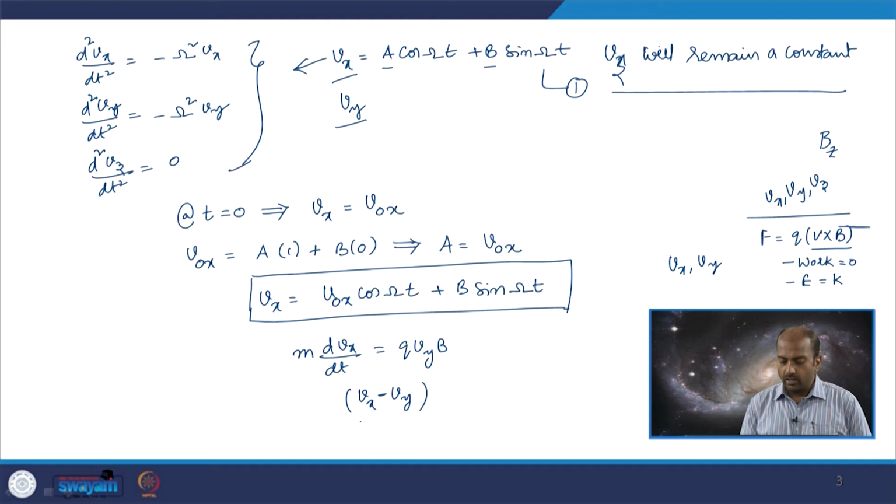So, if you write a solution for Vx, you should very well be able to write Vy if you know this expression. Now, we can use this expression in combination with the other expression to get the value of Vy. Okay. How do we do that?